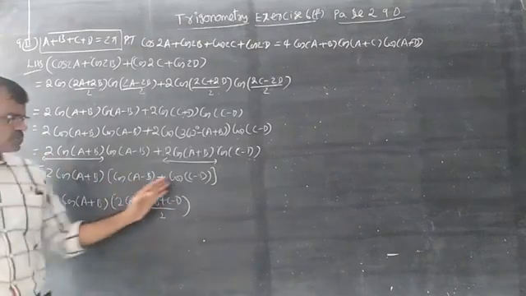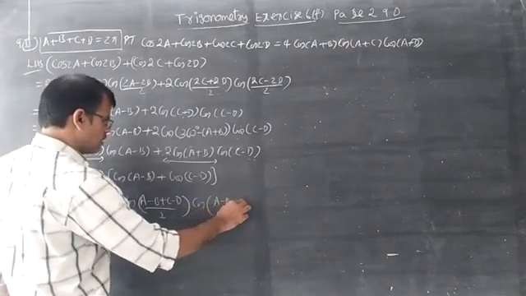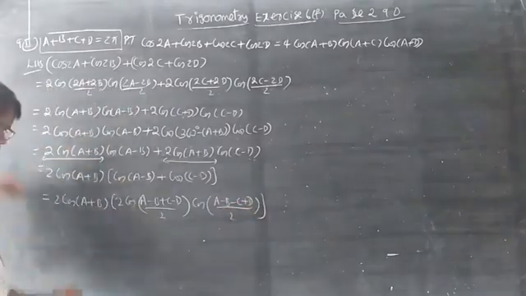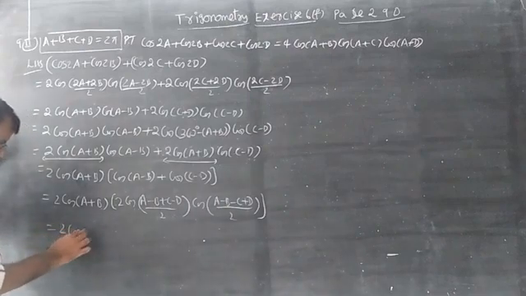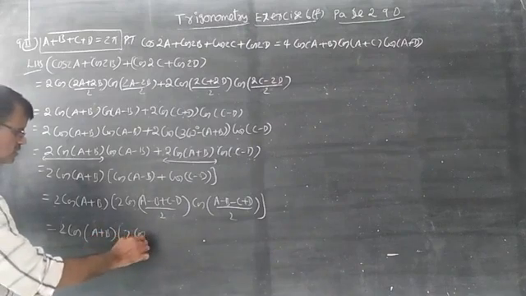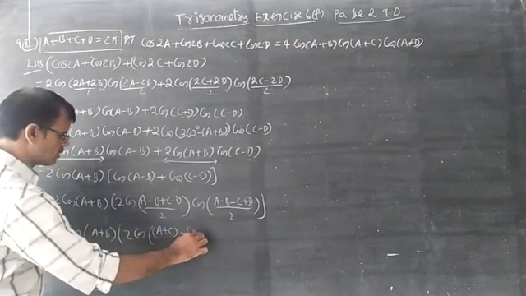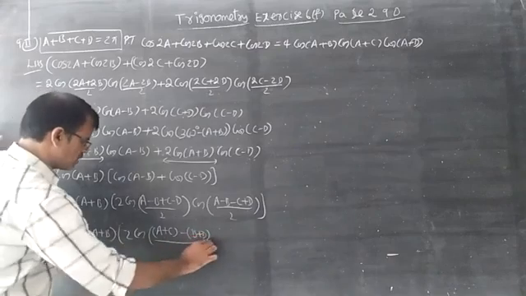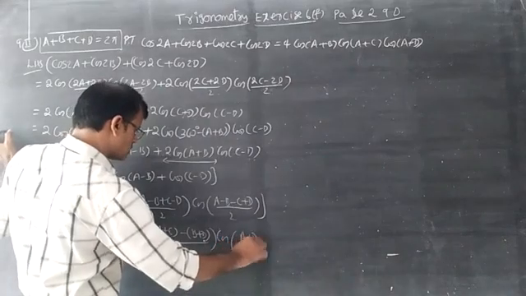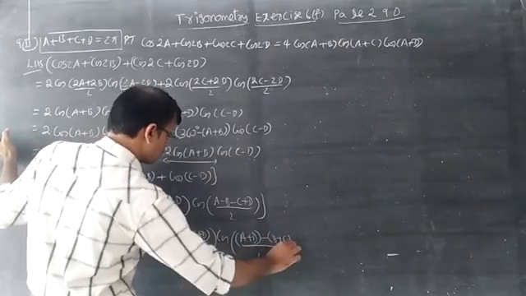So 2 cos of a minus b plus c minus d by 2 into cos of a minus b minus c plus d by 2. That is equal to 2 cos of a plus b into 2 cos of a plus c minus of b plus c by 2 into cos of a plus b minus of b plus c whole by 2.